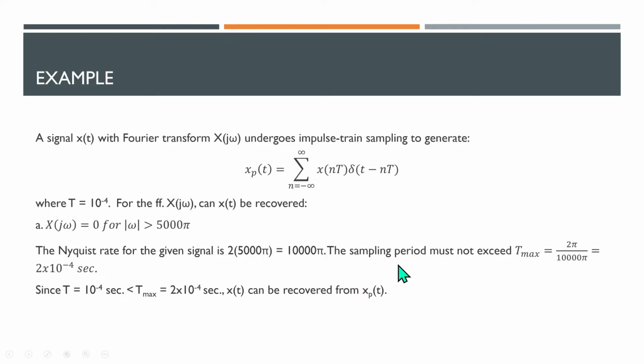The sampling period must not exceed T max, that is equal to 2 pi divided by 10,000 pi, which is your Nyquist rate. T max is equal to 2 times 10 raised to negative 4 seconds. Since T equals 10 raised to negative 4 seconds is less than T max equals 2 times 10 raised to negative 4 seconds, x of t can then be recovered from x sub p of t.